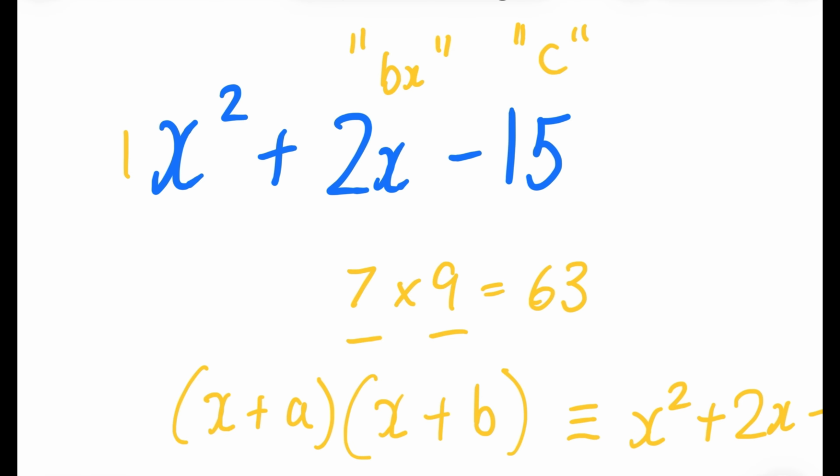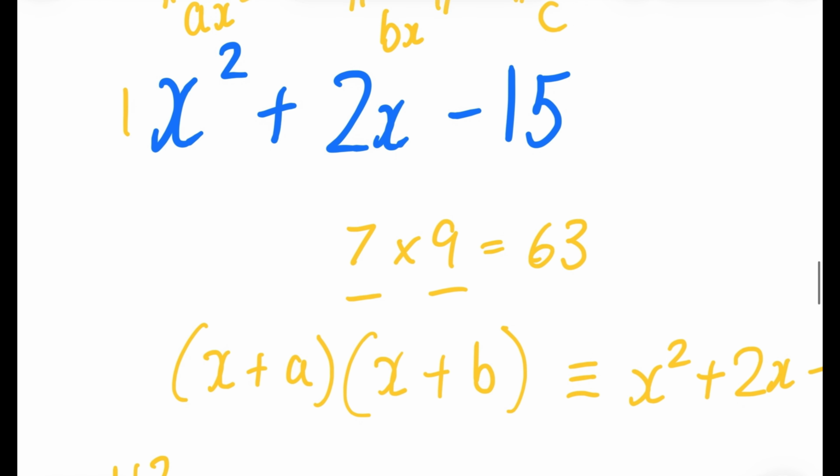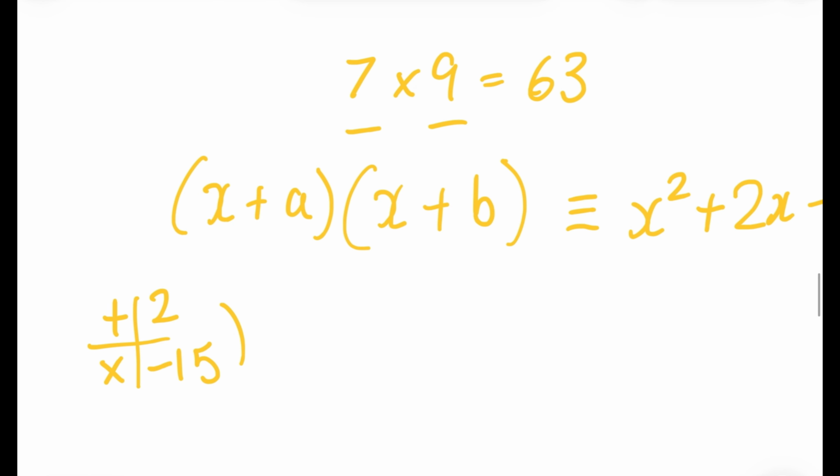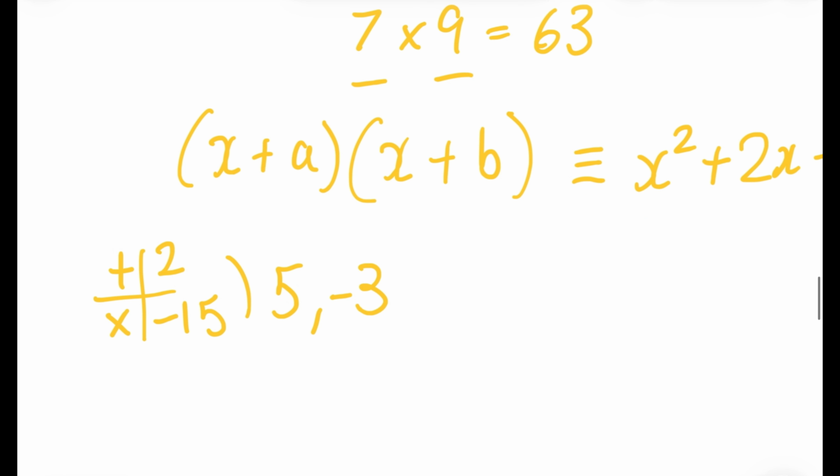In essence, this is the c term here, this is the bx term, and this is the ax squared term, as we saw in our general formula for any quadratic. So we're looking at our b and our c here: 2 and minus 15. What adds to make 2 and multiplies to make minus 15? Well, that would be 5 and minus 3. Let's just check that. 5 minus 3, yep, that's 2. 5 times minus 3, yep, that's minus 15.